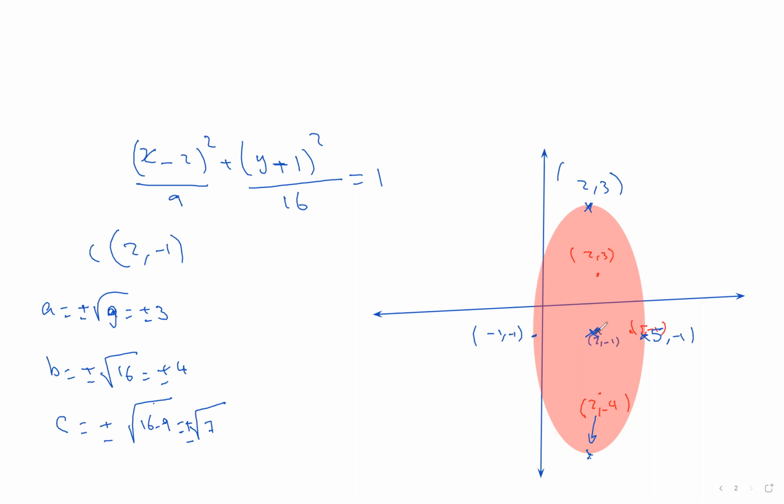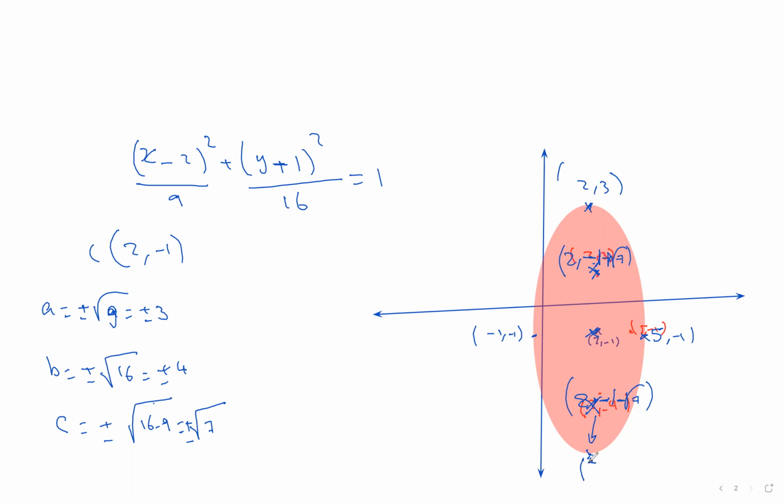What about c? From the center, c will be at (2, −1 + root 7). And here will be (2, −1 − root 7). Okay?